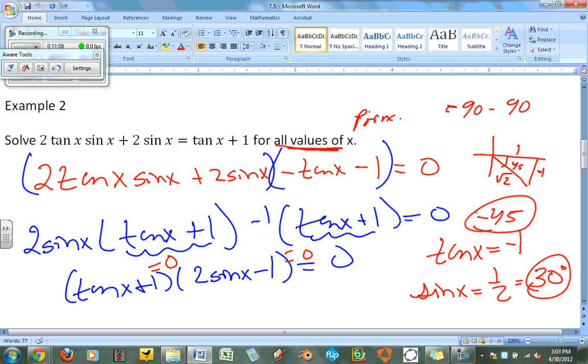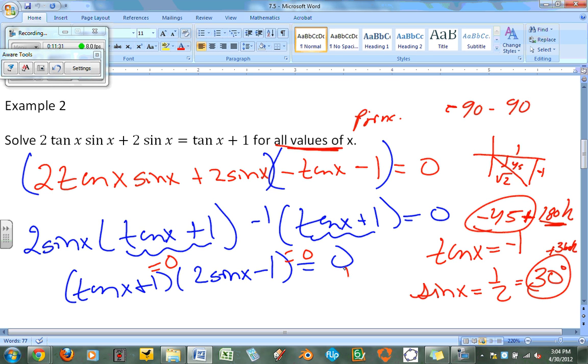Okay. Well, so this is a tangent function. It has a period of 180. This is like what we've done in the past. So negative 45 plus 180k is all values, no matter what. Sine equals 1/2 at 30, and sine has a period of 360, so plus 360k. And if that's true, then we have to keep going.